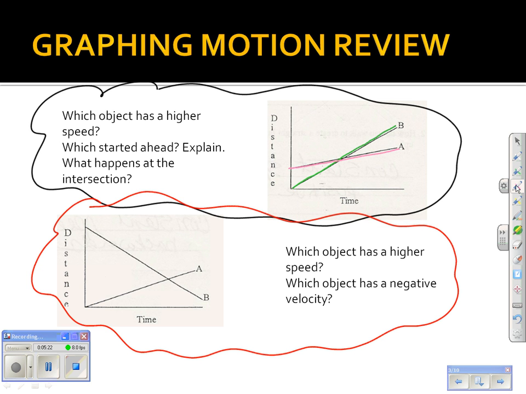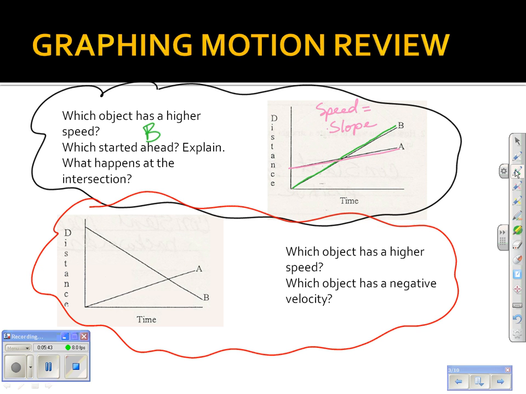So which one has a higher speed? Remember these are speed graphs, so you're going to look at the slope, because the slope equals the speed. So which has the higher speed? You want the one with a higher slope. So the answer to that question would be B.